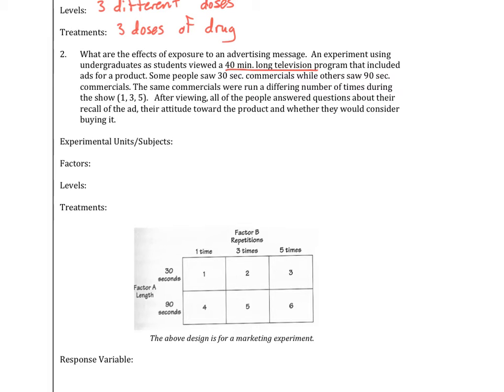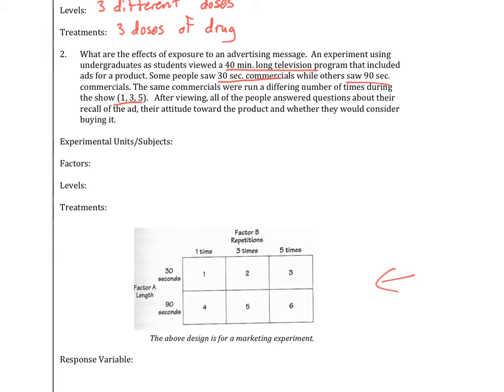Some people saw 30-second commercials, others saw 90, and the same commercials were run a different number of times. So some people saw 1 time, some saw 3 times, some saw 5 times. So maybe like one person saw 1 90-second commercial, one person saw 3 30-second commercials. Okay, and the chart down here kind of shows that.